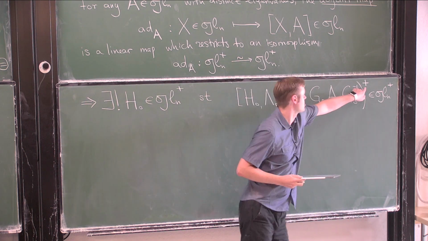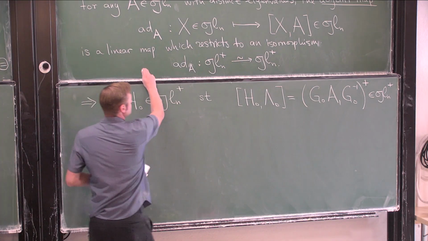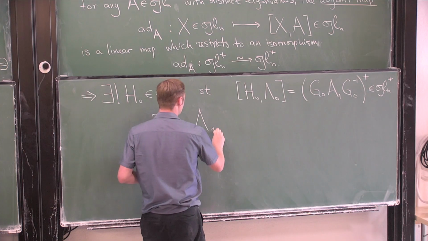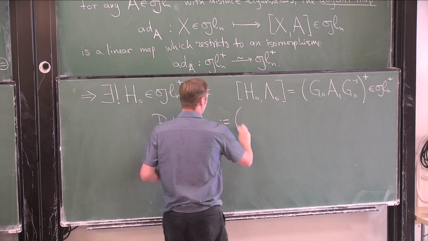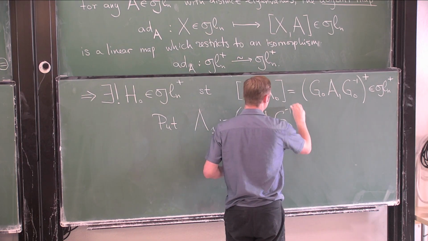By this I just mean the off-diagonal part of this matrix. And what remains is the diagonal part, and I'll just call that lambda 1, the diagonal part of G0 A1 G0 inverse.